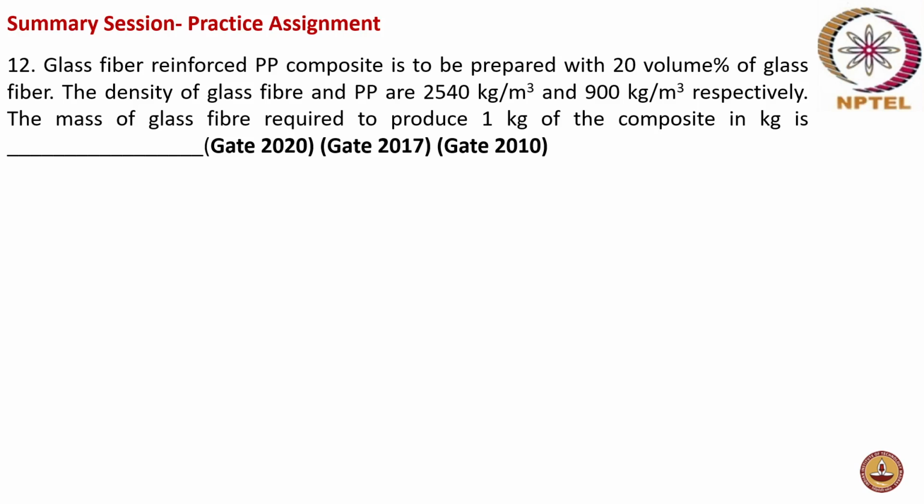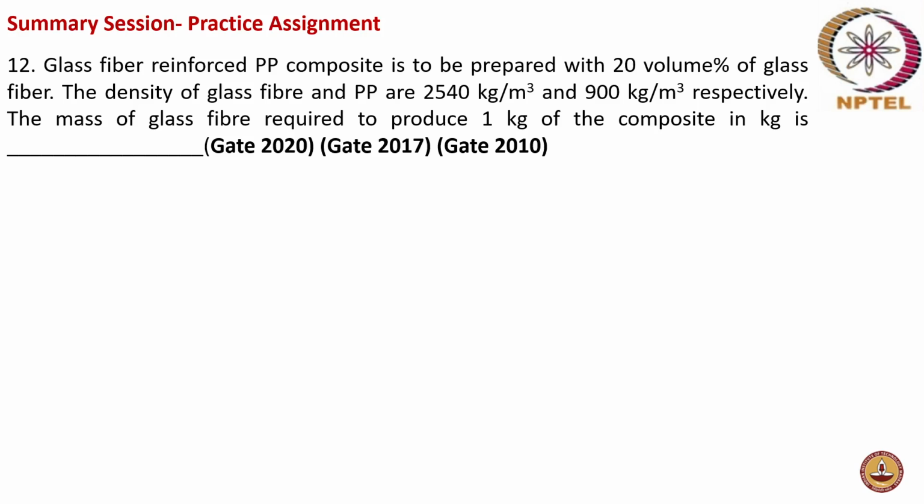Glass fiber reinforced polypropylene composite is to be prepared with 20 volume percent of glass fiber. The densities of glass fiber and polypropylene are 2540 kg per meter cube and 900 kg per meter cube respectively.